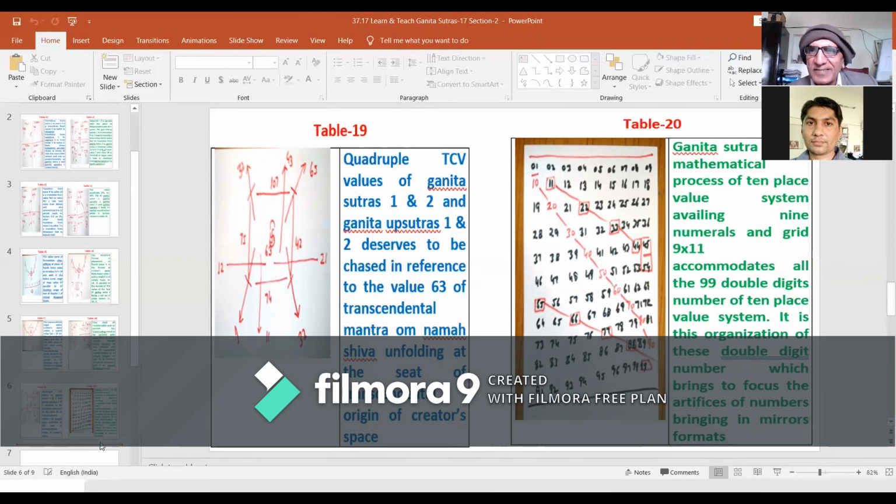It is this mathematical reach of Ganita Sutra 2 which will help us comprehend the mirrors embedded within the artifices of the numbers.